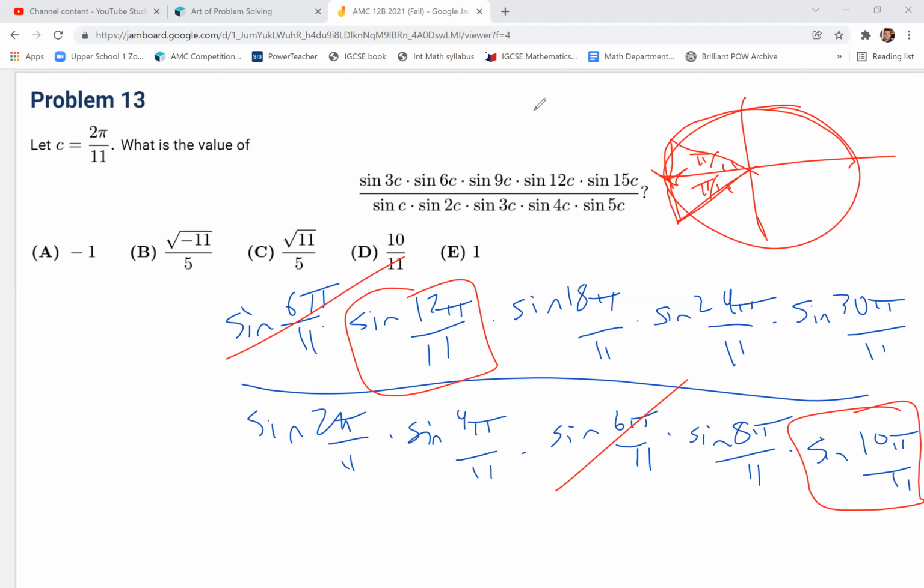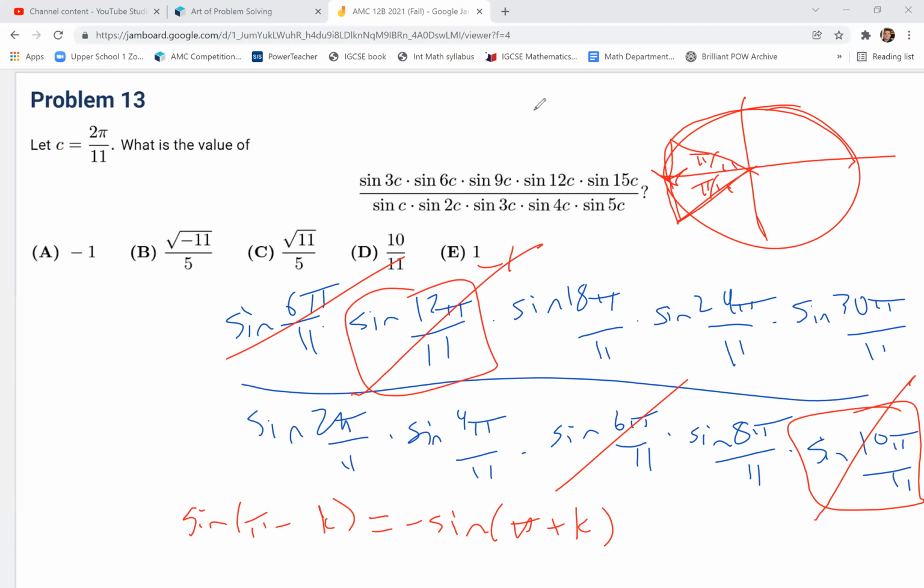But notice how when you have sine of pi minus k and sine of pi plus k, they're always going to be negatives of each other, because they're on opposite sides of the x-axis, so they have opposite signs. So this would be equal to sine of negative pi over 11, whereas this would be equal to sine pi over 11, which means they cancel but leave behind a negative 1. They're negatives of each other, essentially.